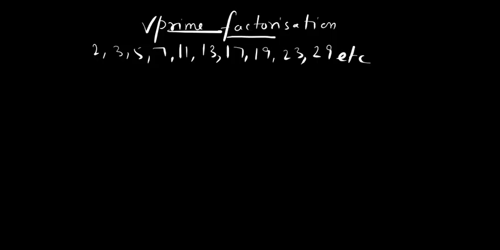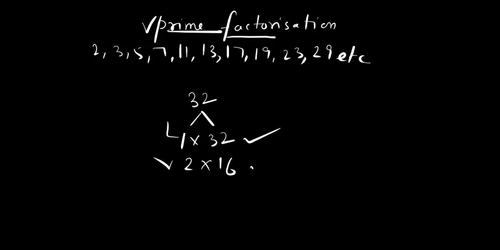If we take a number 32, it can be written as 1 into 32, where 1 is a factor and 32 is a factor; 2 into 16, 2 is a factor, 16 is a factor; 4 into 8, 4 is a factor, 8 is a factor. Like that. Okay. So these are factors, and this is prime.